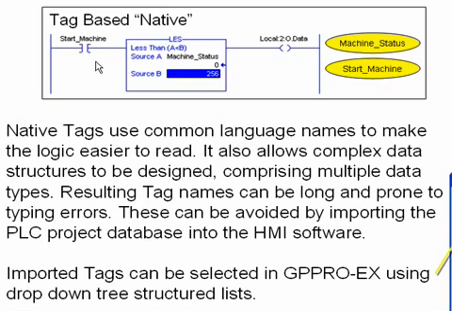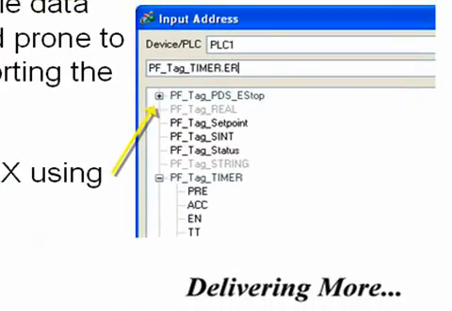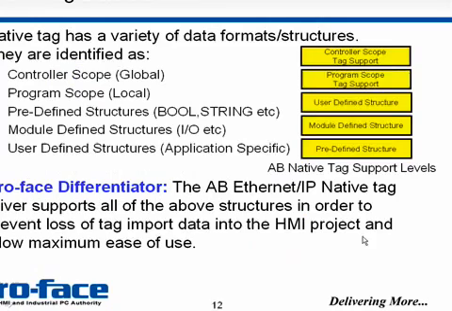So this really makes it imperative to export the tags from the RSLogix software, import them into GP-Pro EX, and then have them available from a drop-down list that will mean that we don't make mistakes in typing, etc.